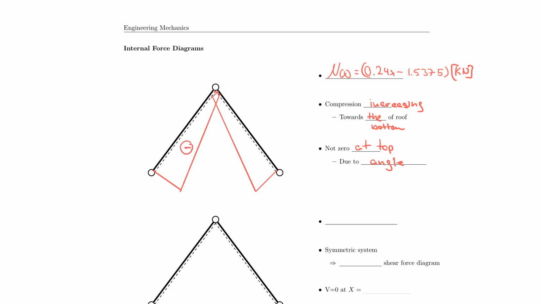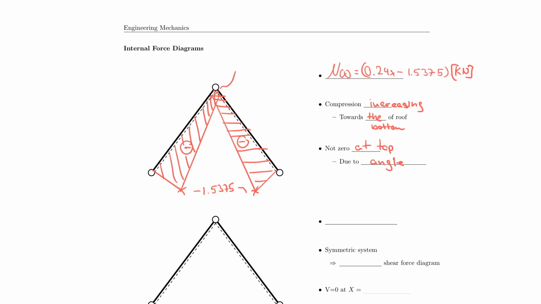And both are negative because it's compression, compression, compression. And up here I have this. And last but not least, I need my values, which of course here on the bottom is minus 1.5375. And that is here and here.